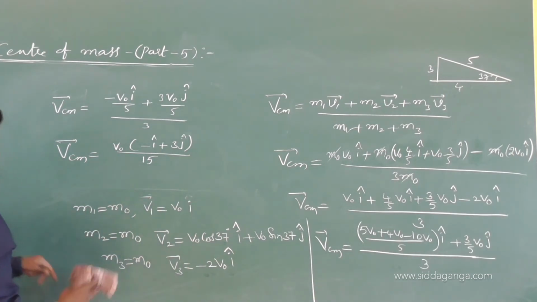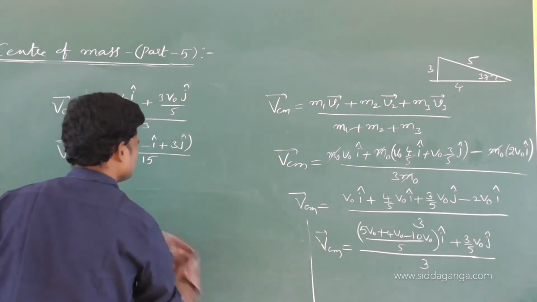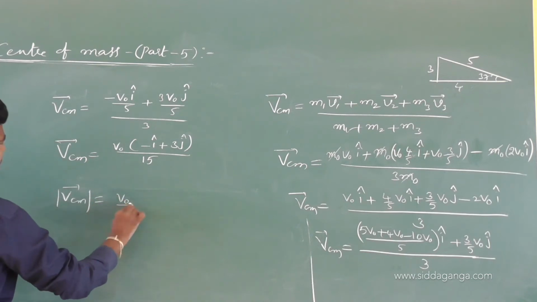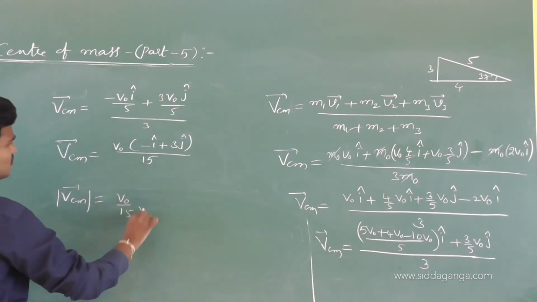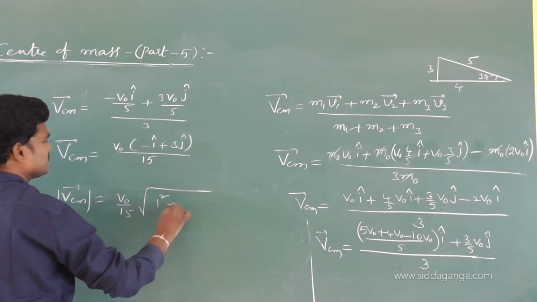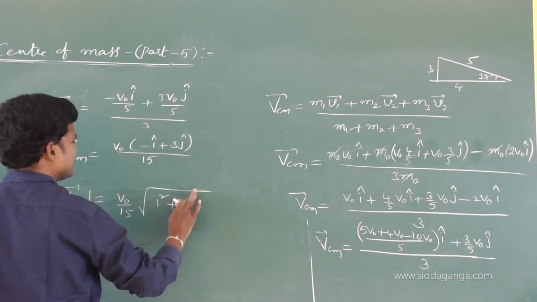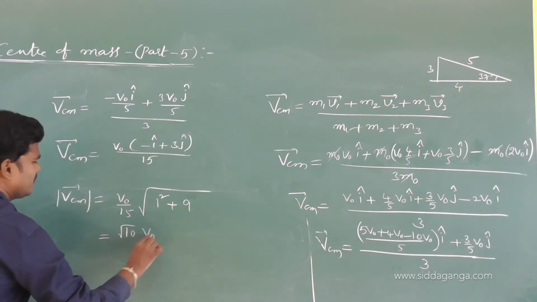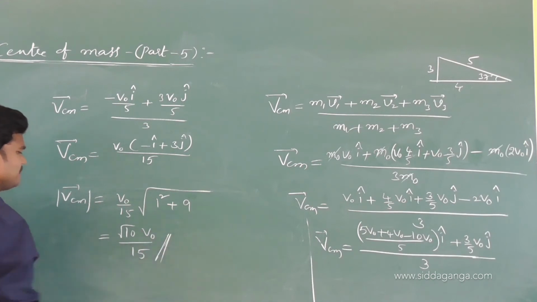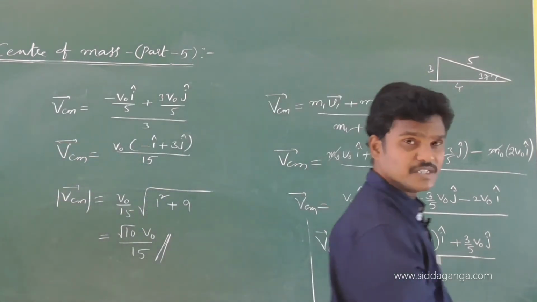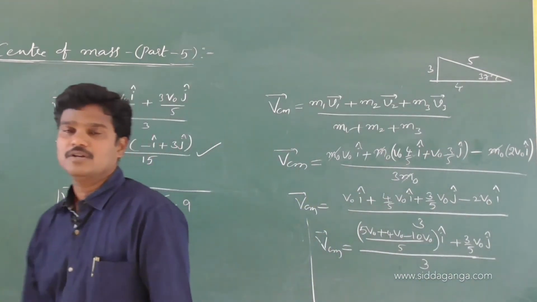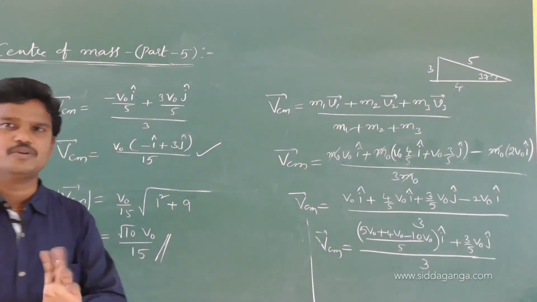If they ask you to find the magnitude, it is V naught by 15, because after squaring the 15 will come outside anyhow. So this is 1 square plus 9, so root 10 V naught by 15. If they ask you to find the magnitude, extend up to the magnitude. Otherwise, keep the answer in vector form. So based on the given options, extend your calculations.